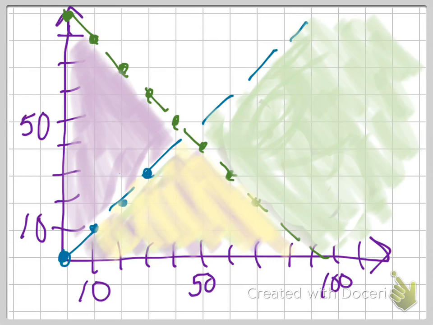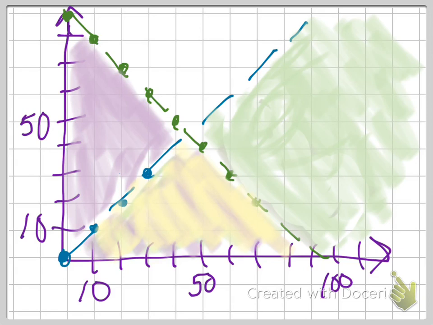If I told you that she went to the store and bought 1 1/4 apple, also not a legitimate answer. So since this is a real world problem, what are the only types of answers that are going to work for us here? Whole numbers. We're going to go ahead and say whole numbers because that doesn't include negatives because we've already ruled those out.